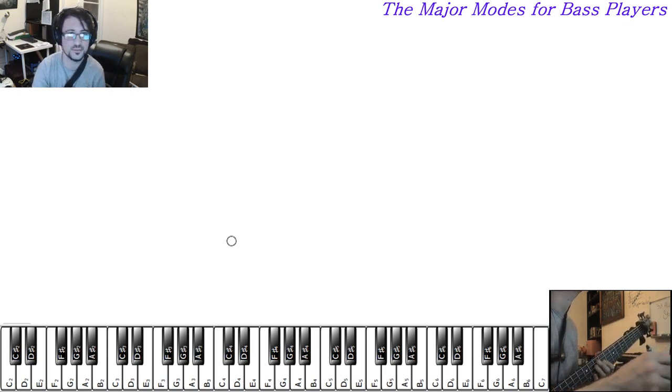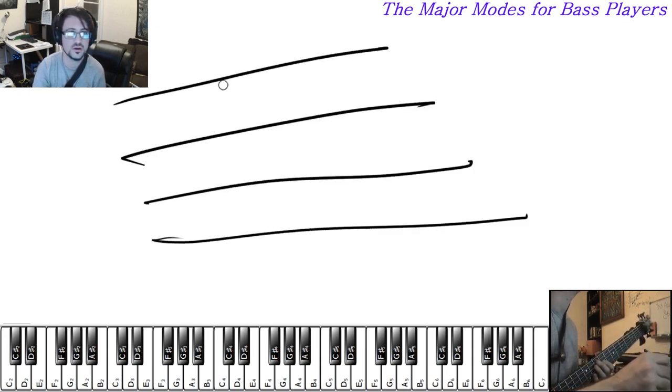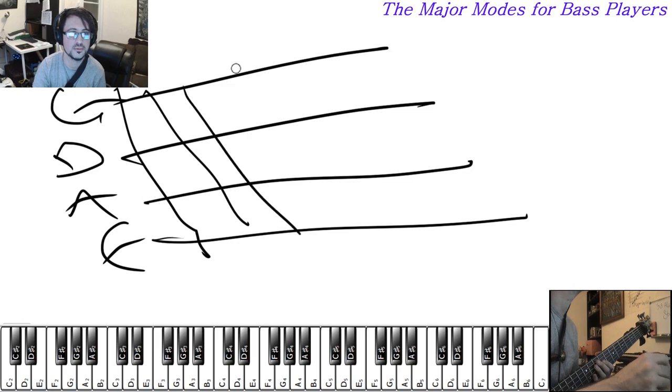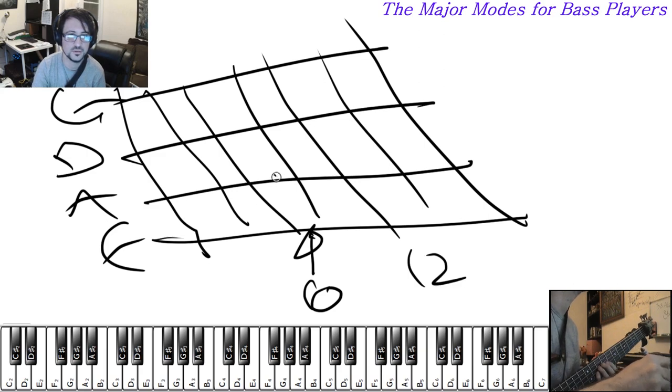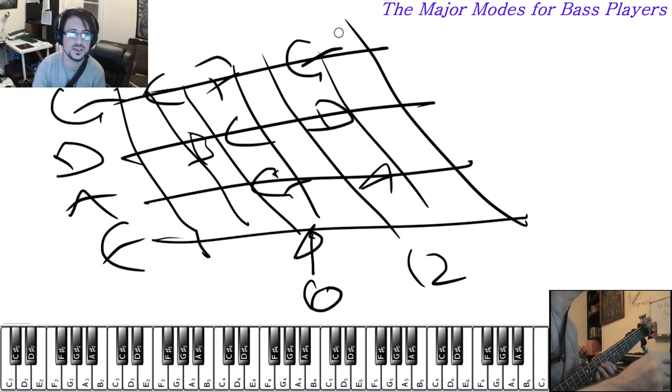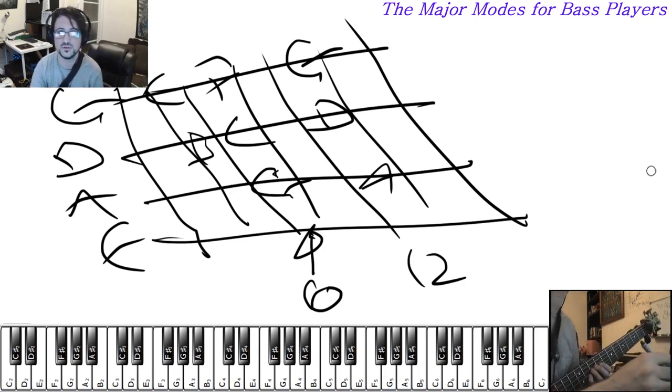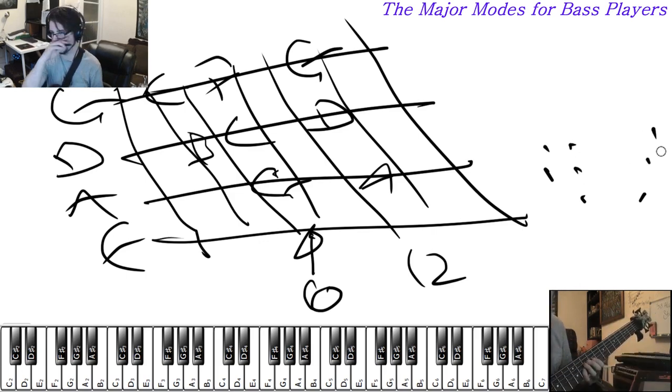Now, if I'm going over this in a bit of a basic way, feel free to rush through. But this is absolutely a beginner's lesson. So there might be bits that you already know or find almost patronizing, but I'm trying to limit that. So this here is the 10th fret, and this is the 12th. So we got G, A, B, C, D, E, F, G. So the pattern is sort of like do do do do do do do do. So that's G Mixolydian.